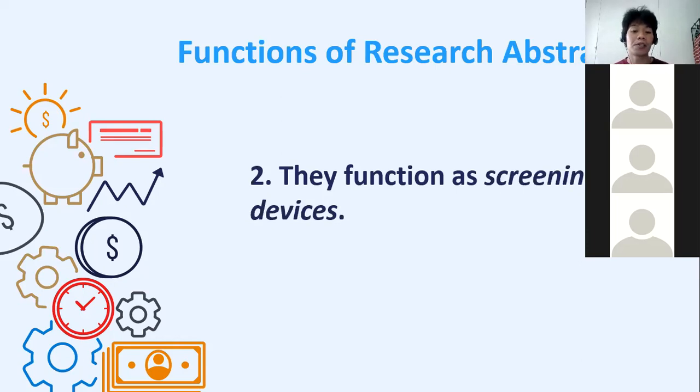Next, they function as screening devices. Research abstract can help readers decide whether to read the whole content of the research or not. As what I've mentioned, when you are searching for related literature for your study, you can evaluate the articles that you have gathered, if they are related or not, by just reading the research abstract.